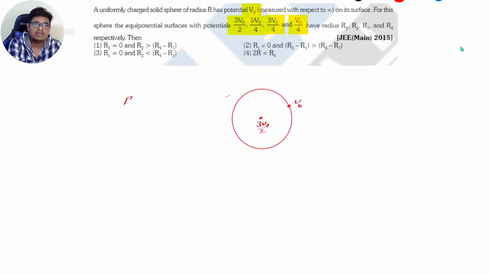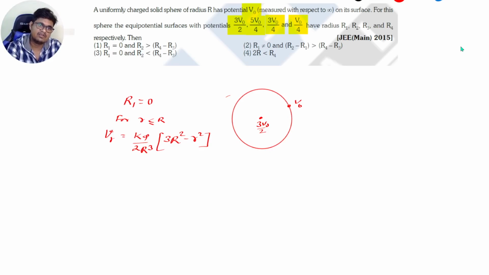So R1 is how much? R1 is 0. Now V at r lesser than R, we write it as kQ by 2R cubed times (3R square minus r square). So this is 5 V naught by 4, and kQ by R, we know its value is V naught.